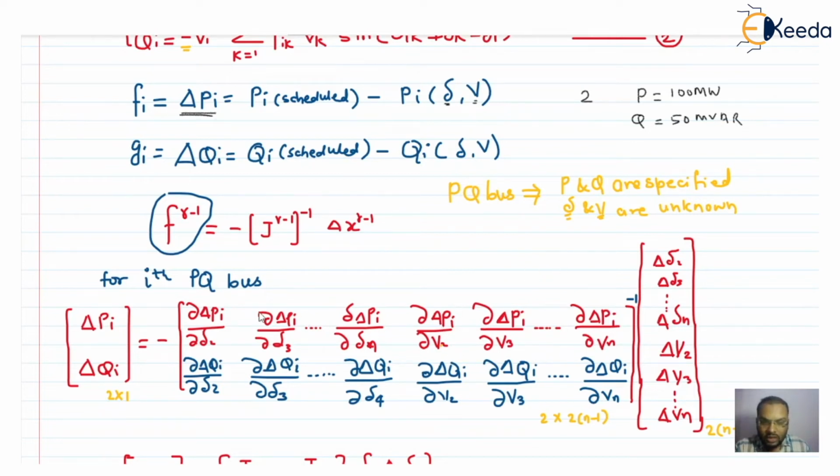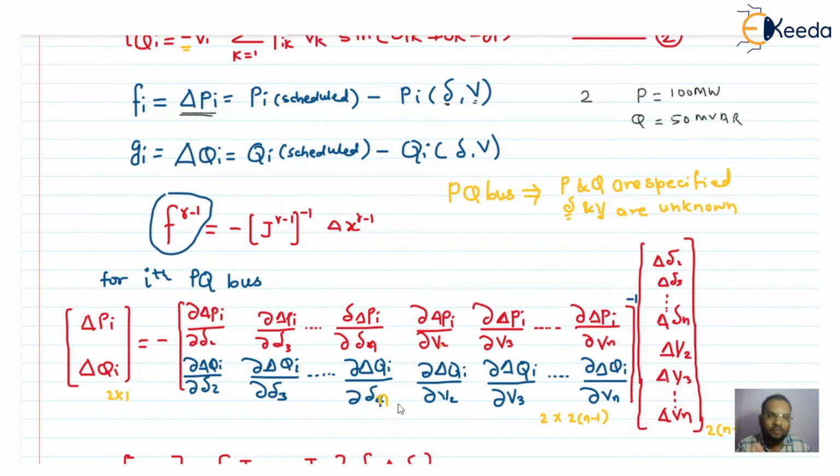From 2 to n we are going, it means that we are dropping the first bus. So for phase angle, totally I'm taking n minus 1 terms. And for voltages, we are taking n minus 1 terms, because we are not taking all n terms. We are dropping the first term.